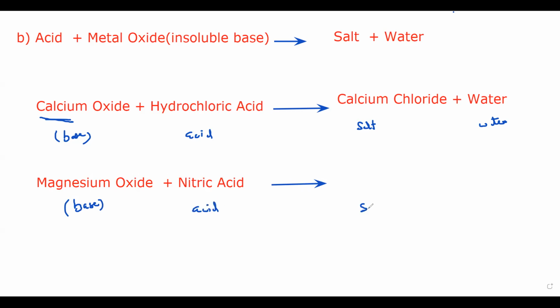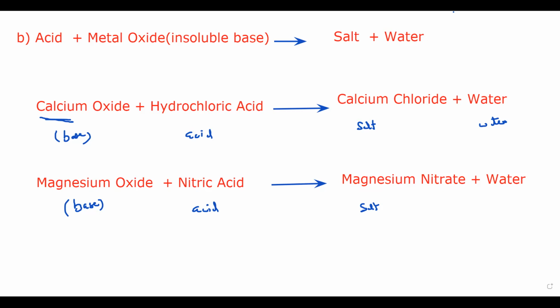So this will result in a formation of a salt. The first name of a salt is always a metal. So which metal is there? Magnesium is there, so it will be magnesium. The second name is from acid because it's a nitric acid, so this will result in a formation of nitrate plus water as a product. So whenever metal oxide is there, or also known as insoluble base, the result will always be salt and water.